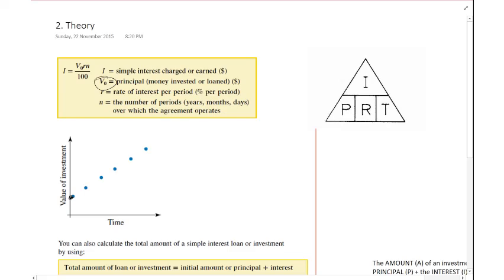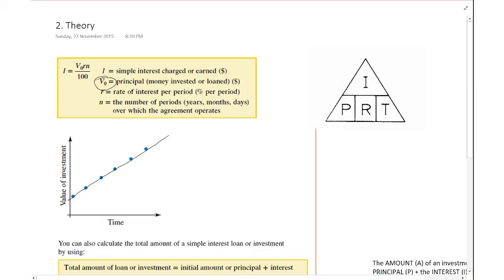But what you're basically doing is working out, for each period of time, a certain amount, and that's always based on this initial value. So the increase you're getting each time is the same, which is why you get a nice straight line.